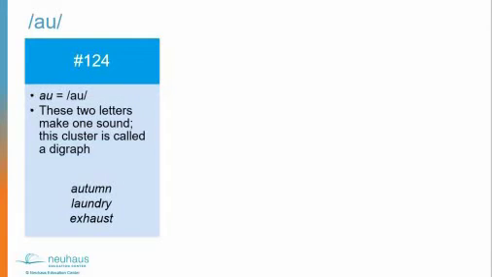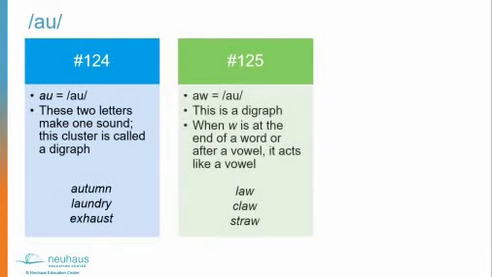Another sound students learn about is aw. In Concept 124, you will discuss that the two letters AU make one sound, aw, as in autumn, laundry, and exhaust. This cluster is called a digraph. In the next concept, students will again discuss that when the letter W is at the end of a word or after a vowel, it acts like a vowel.